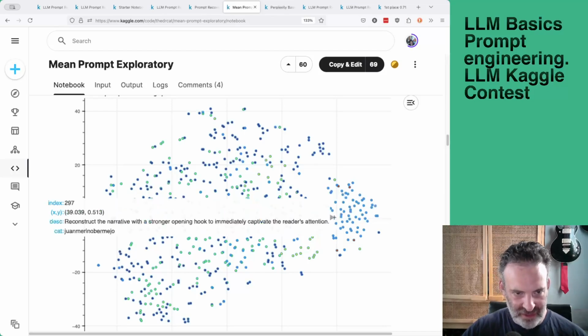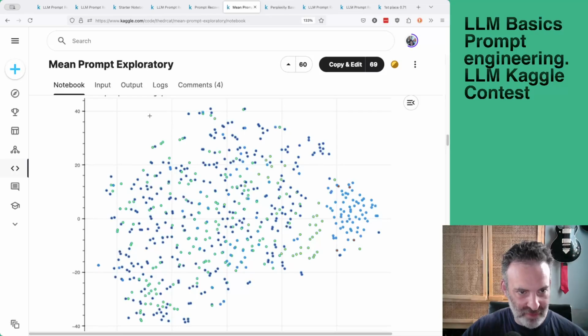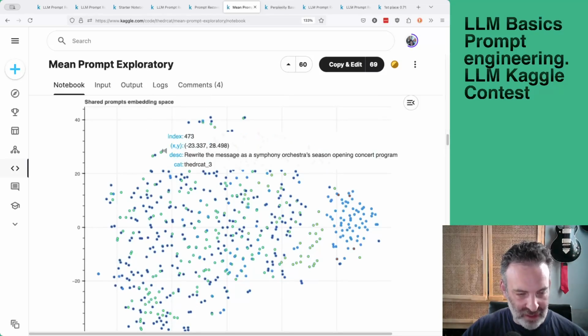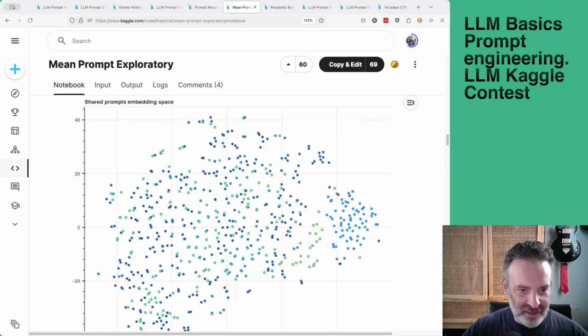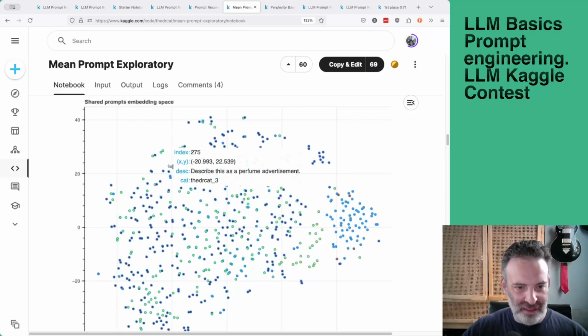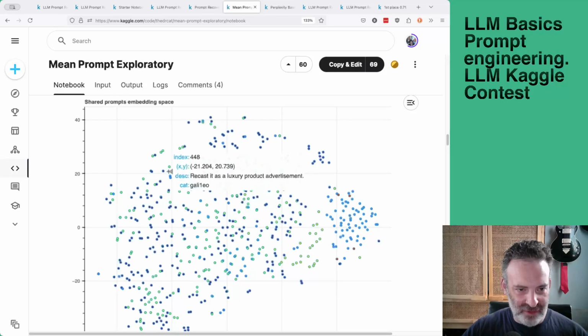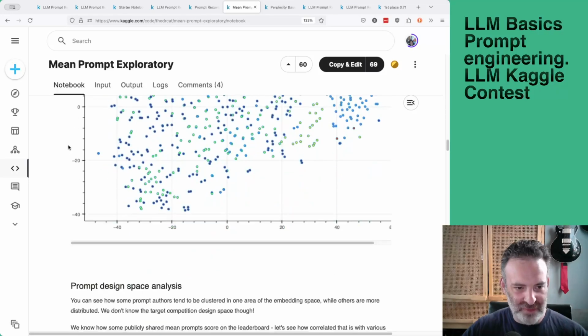It's all kind of close, and over here hopefully it should be pretty different: rewrite the message as a symphony, rewrite the message as a jazz festival. It's interesting to see how everything maps out.